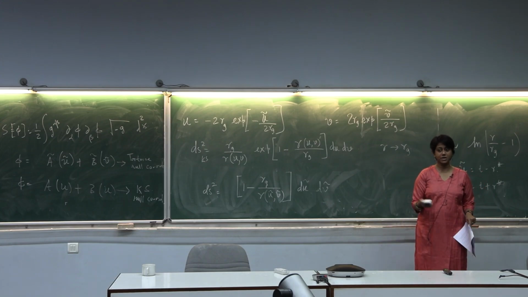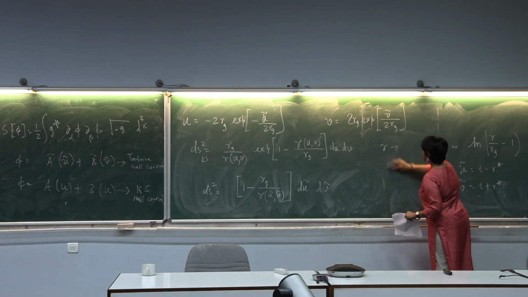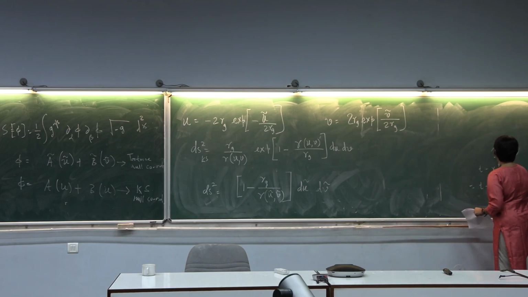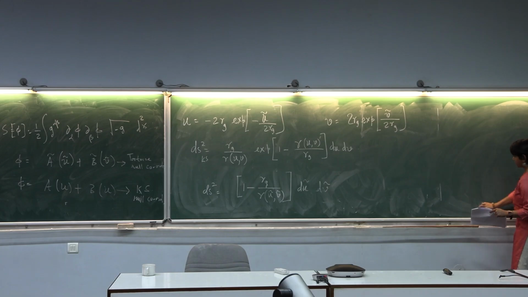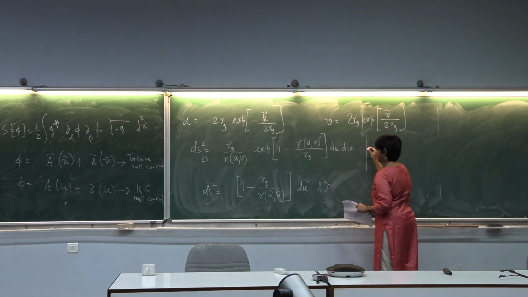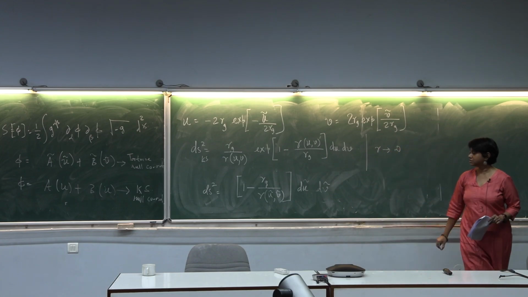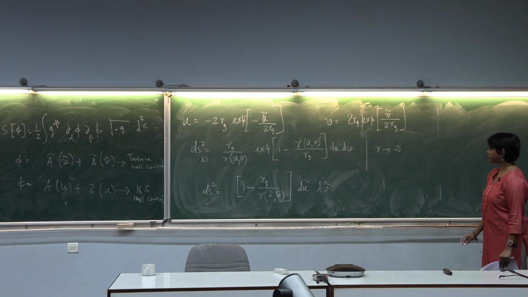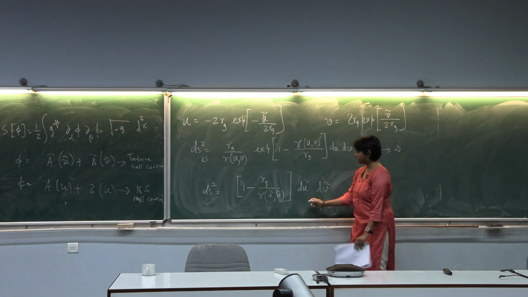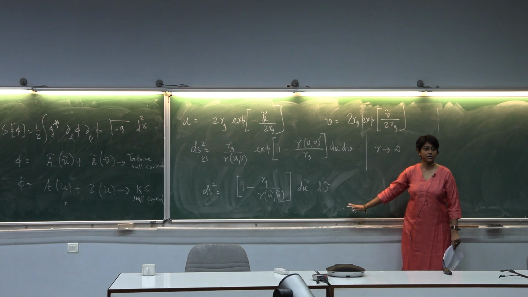Next day I can pick up from Hartle-Hawking vacuum. So let me just tell you about the limit of this metric. I mean, you can tell me if I take r tends to infinity, this was Kruskal-Szekeres. So here, sorry, this was the tortoise coordinate u tilde v tilde.